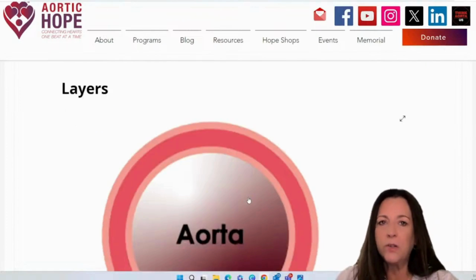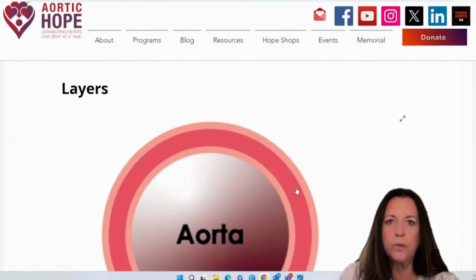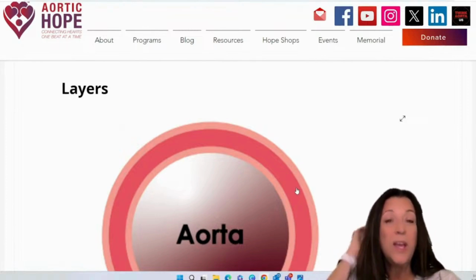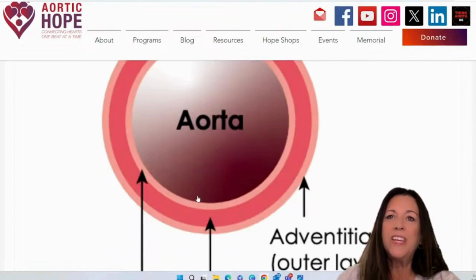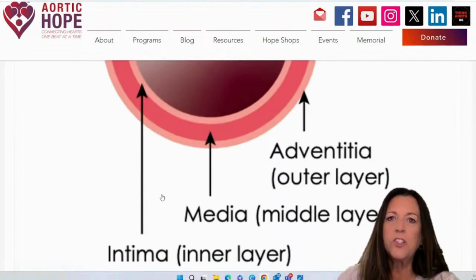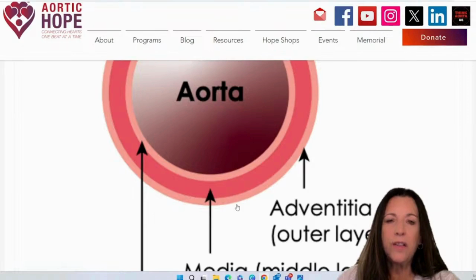Let's talk about the layers of the aorta. To the naked eye, it looks like it's just one tube, right? It's just a tube. But when you look at it cross-section, there's actually three main layers to the aorta. You have the innermost layer, which is called the intima. You have the middle layer, which is the media, and then you have the outer layer, which is the adventitia.